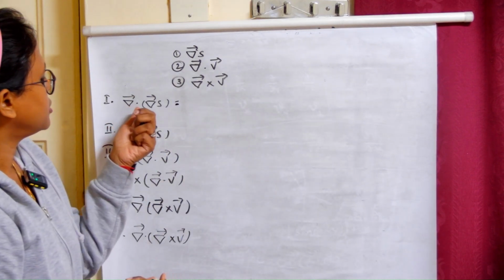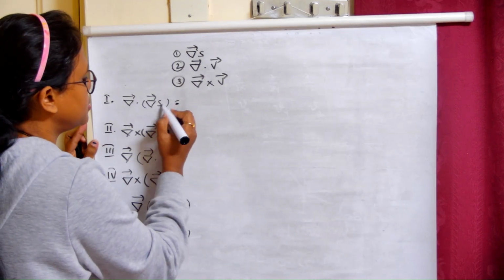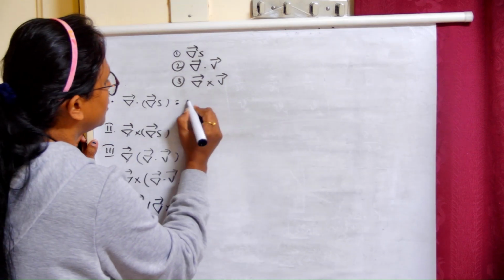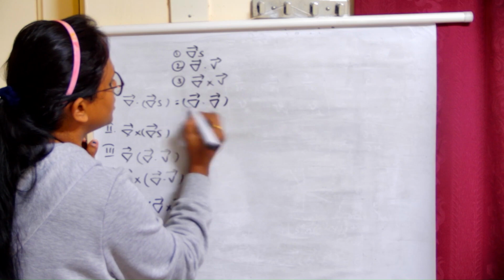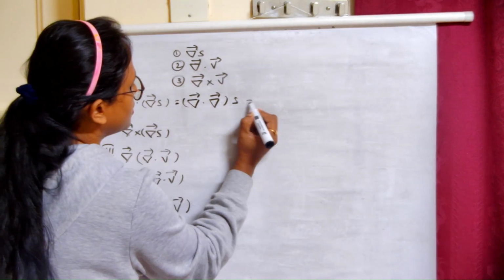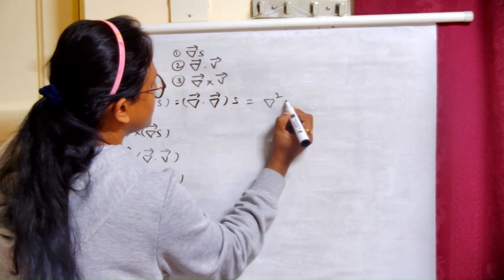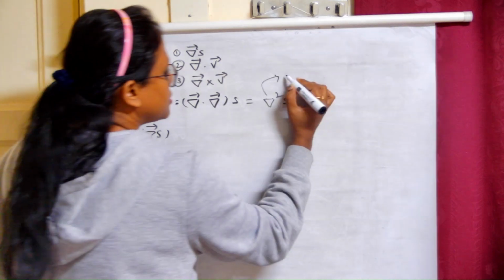So this is the divergence of gradient of a scalar. As this is a scalar, we can take it off and we can write as del dot del multiplied by the scalar s. This can form del square s. Here this del square is the Laplacian operator.